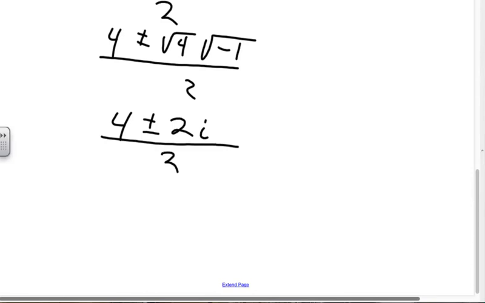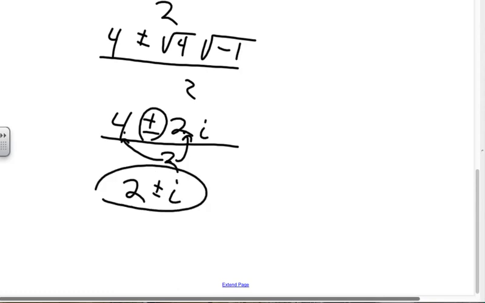You can simplify this. You have to do 4 divided by 2, but you also have to do this because of the plus and minus. So 4 divided by 2 gives me 2, and 2 divided by 2, the i. And there is our conjugate pair. I've got 2 plus i and 2 minus i, and those will be our two roots.